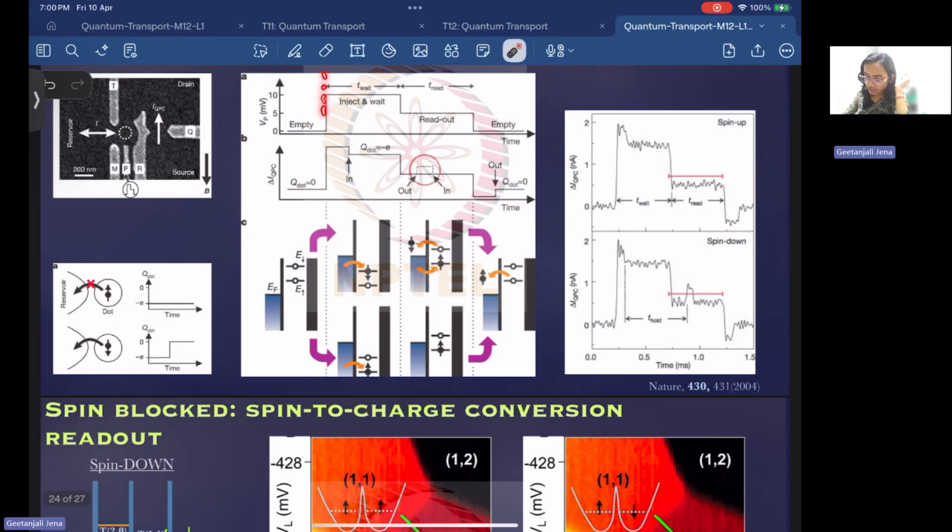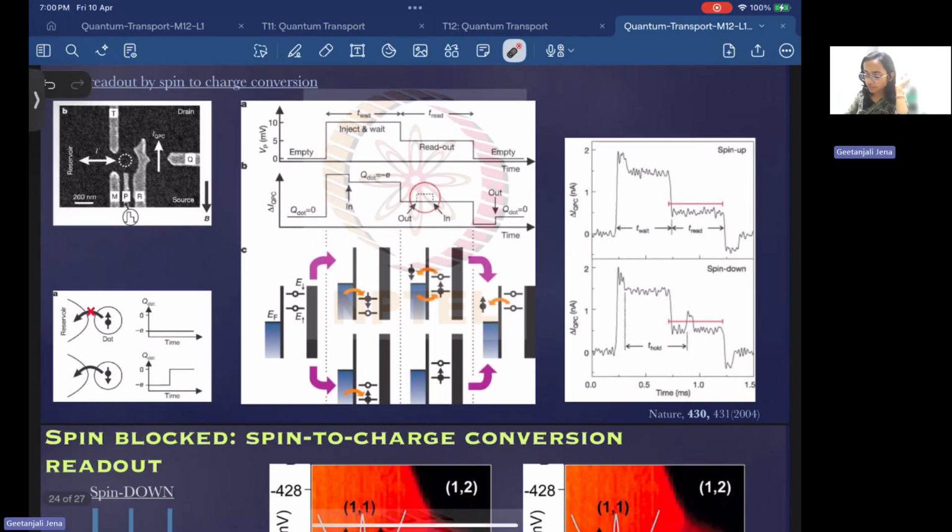We have a region here where the dot is empty, another region which is the inject and wait region, and another region which is the readout region, and the initial state where the dot is empty. Okay, so let us see what happens in the different regions.